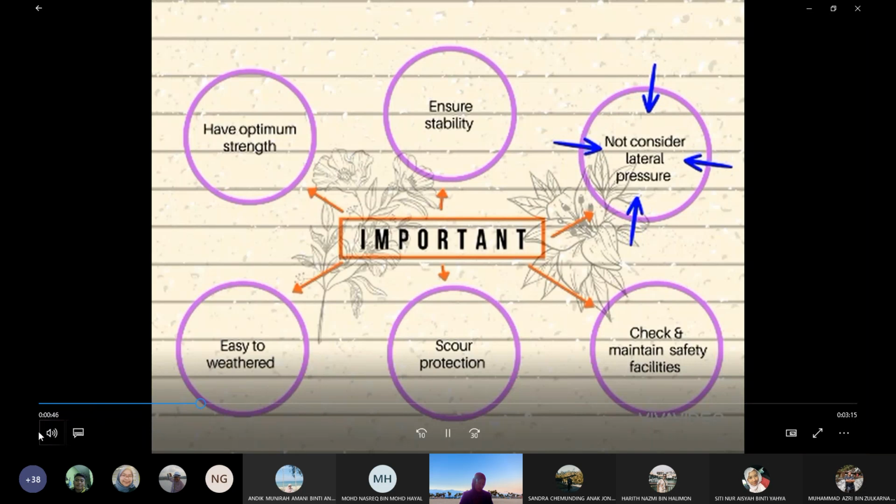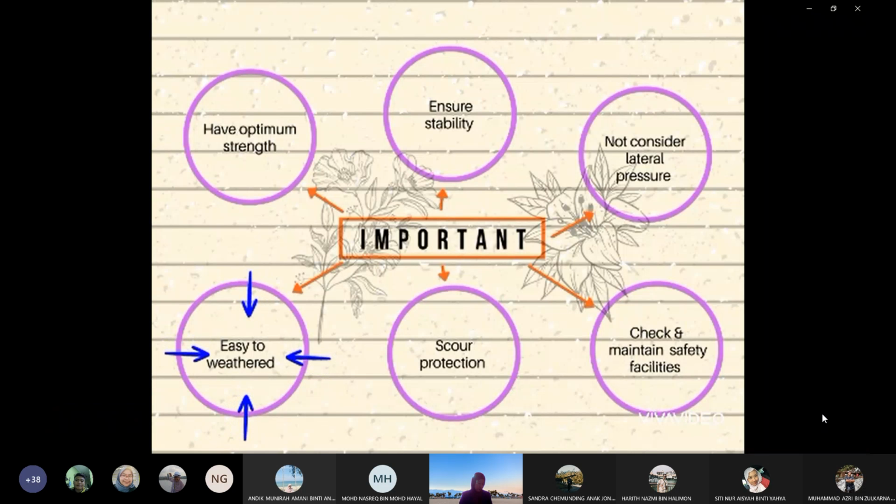Furthermore, slope protection should consider the lateral pressure of the slope stratum so that it has enough stability. Next, rock slopes or lower slopes with silt and fine sand are easy to weather, especially under poor climate and hydrological conditions, so they should be protected in time after earth and rock construction. Other than that is coring protection.